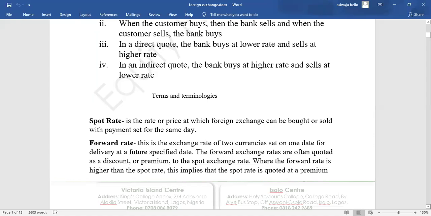The forward exchange rates are often quoted at a discount or at a premium to the spot rate.